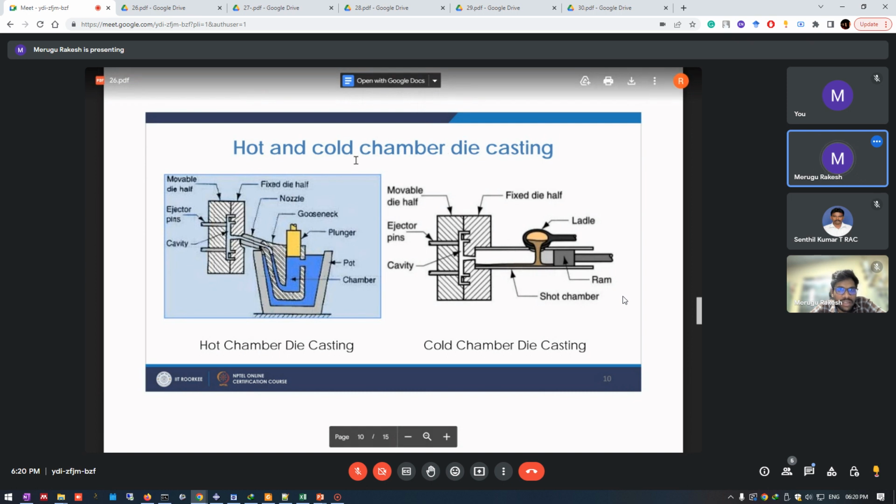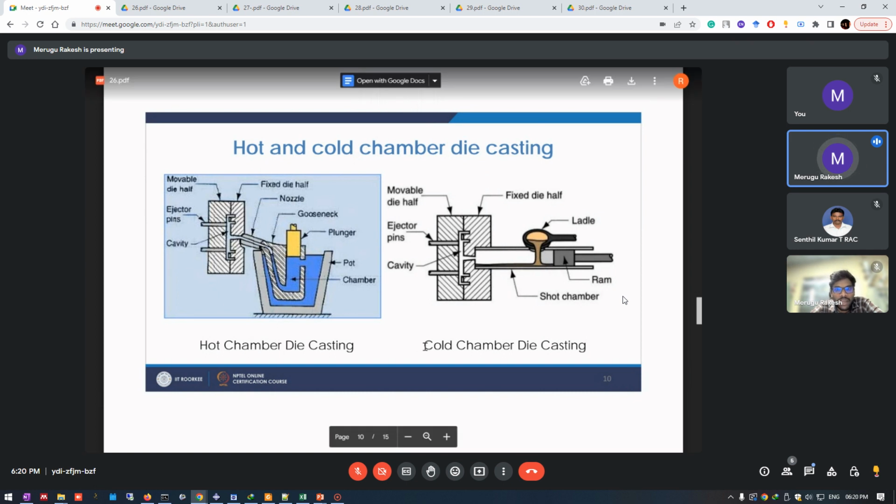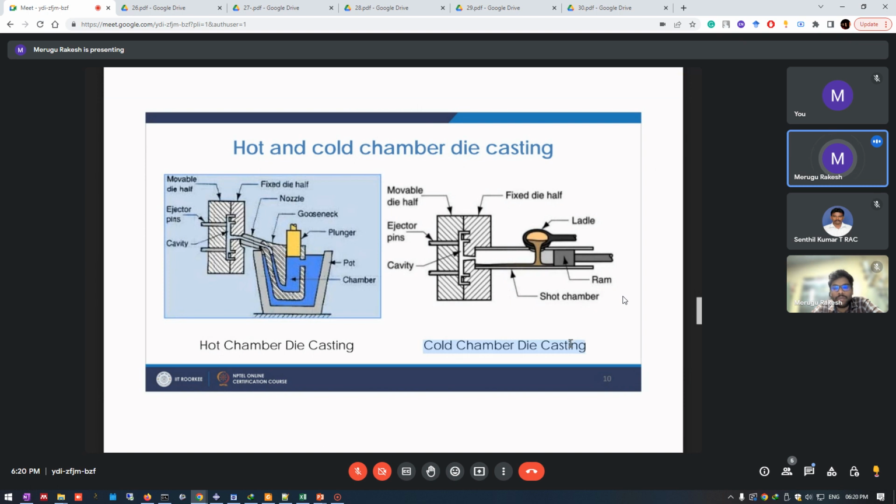In hot chamber die casting, since the name is hot, the entire setup will be in the crucible itself, whereas in cold chamber, the ladle is brought from far away. So the superheat that is to be provided in the right side, the cold chamber, is high, because you are bringing the metal from somewhere else.